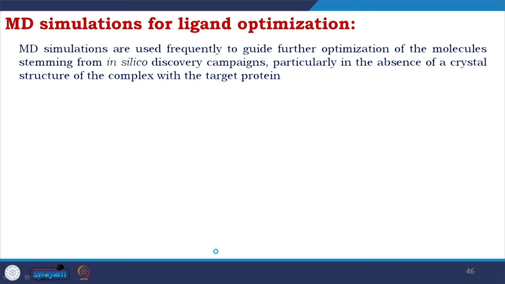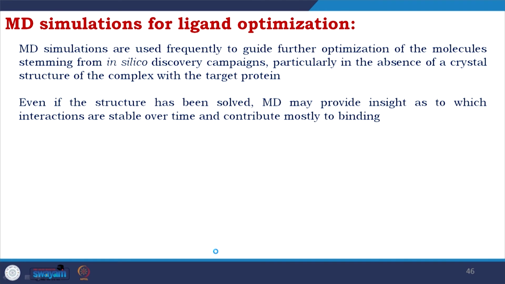MD simulations are used frequently to guide further optimization of the molecules stemming from in silico discovery campaigns, particularly in the absence of a crystal structure of the complex with the target protein. Even if the structure has been solved, MD may provide insight as to which interactions are stable over time and contribute mostly to binding.